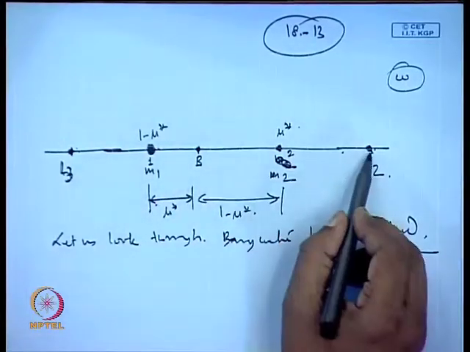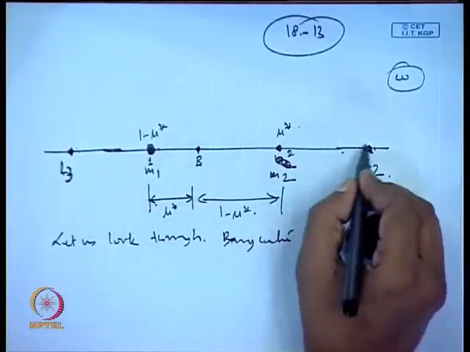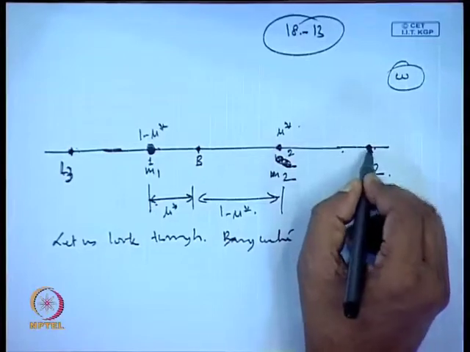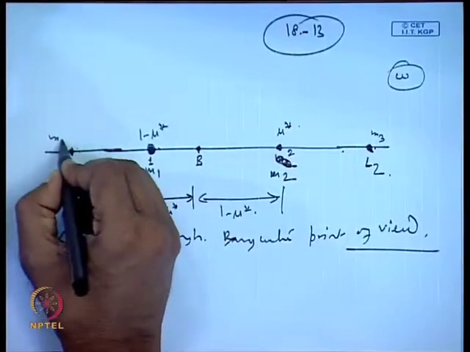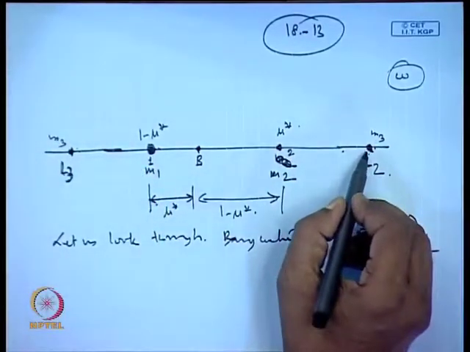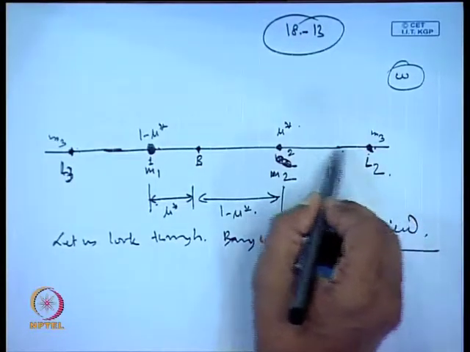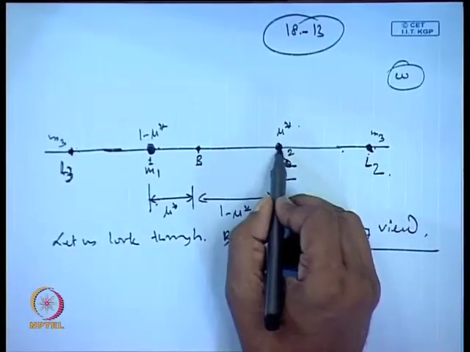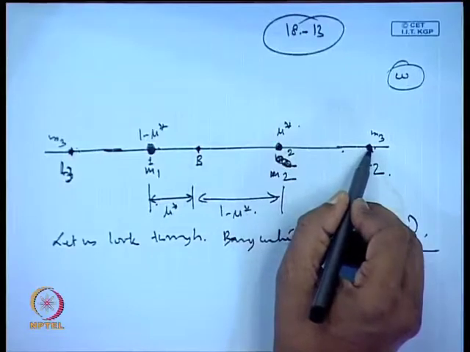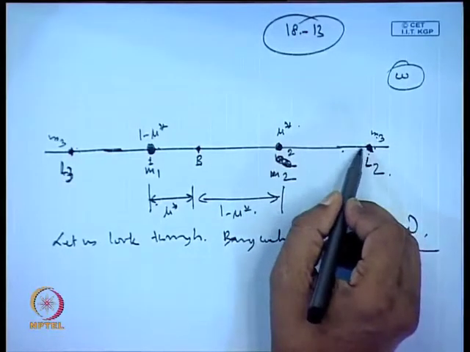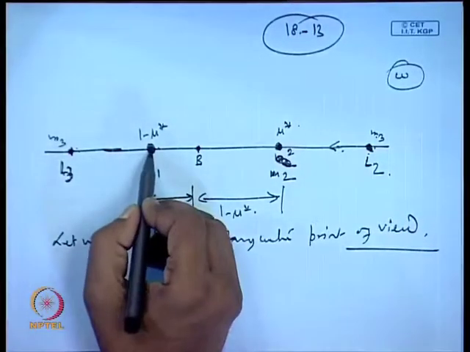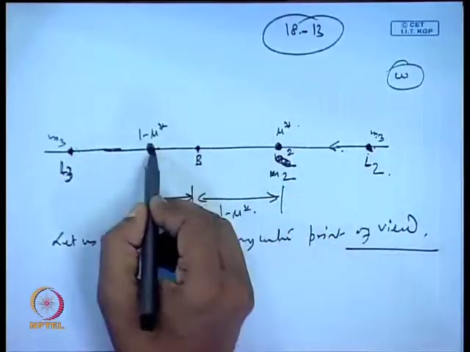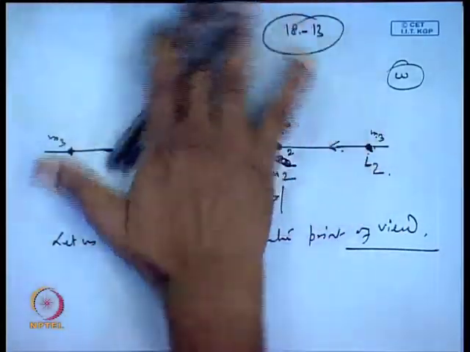If we are taking the small mass m3 here in this place, you can look that the force acting due to this bigger mass m2 on this point mass m3 is on this side, and also the force due to this will be on this side. Now, the whole thing is also moving like this.